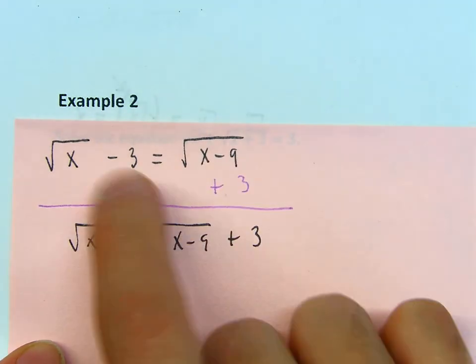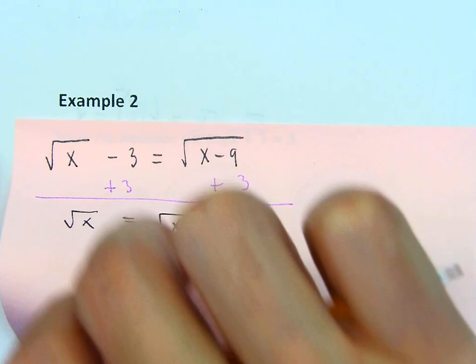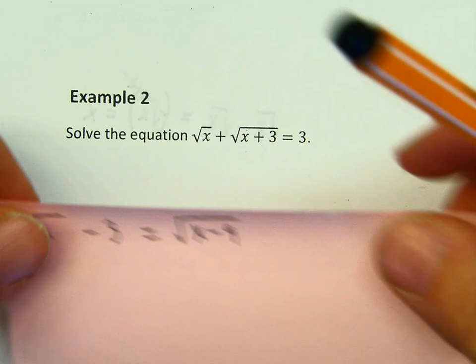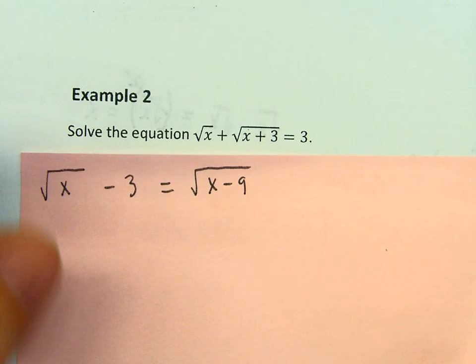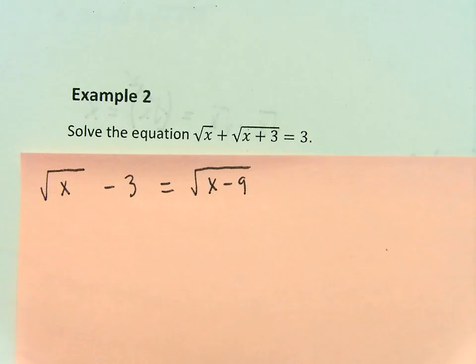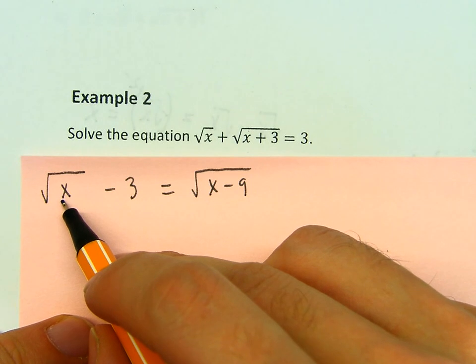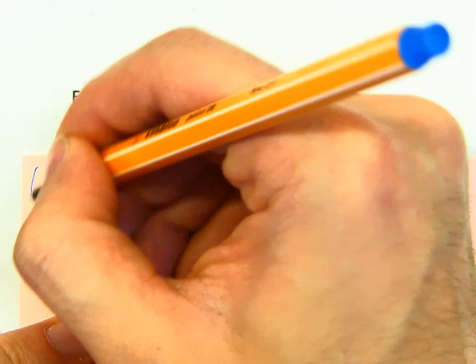So the idea is, all right, how do I solve this problem? Well, it's a little tricky, but let's see what happens if we do this. We can't get this radical by itself, so let's just square both sides.